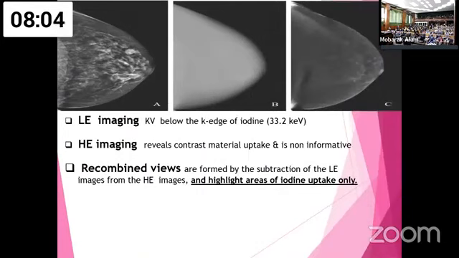It consists of low energy imaging, high energy imaging, and the recombined imaging. The low energy imaging uses a kilovoltage below that of the iodine. The contrast material is not depicted, and the images are similar to standard mammography. The high energy imaging reveals contrast uptake and is non-informative.